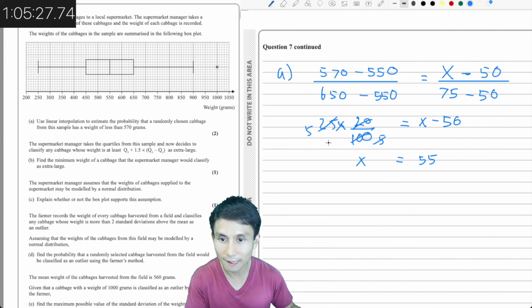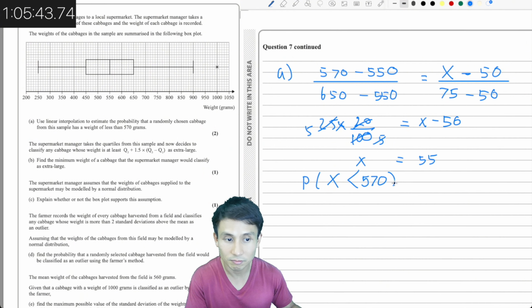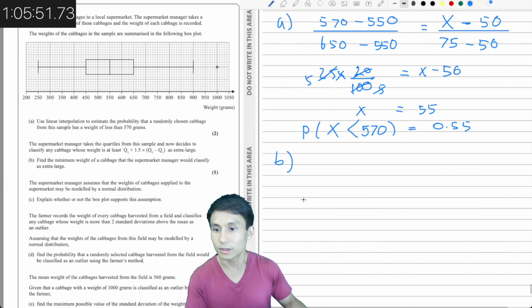So P of X less than, is this continuous or not? Not continuous. Well, maybe. 55%, I'm just going to say that. Well, let's do 0.55. Okay, B.